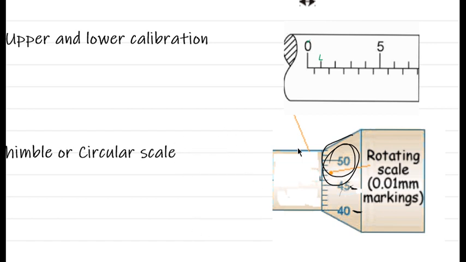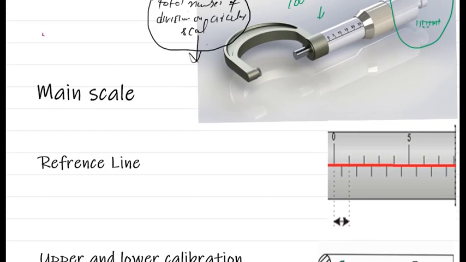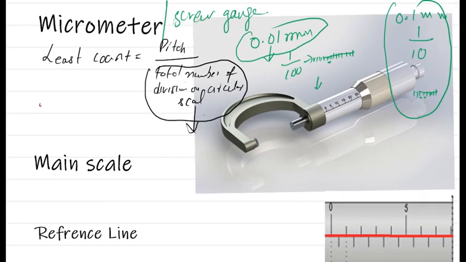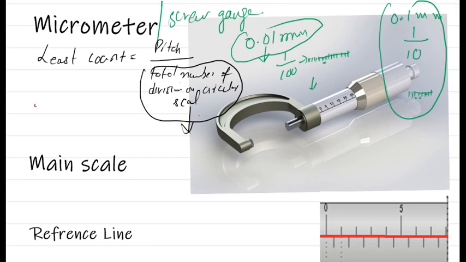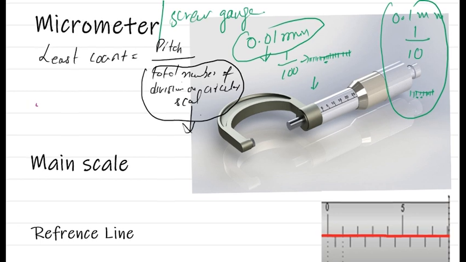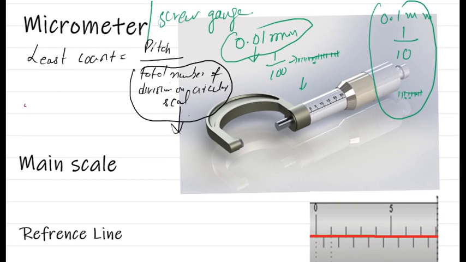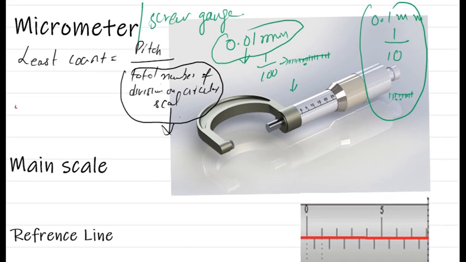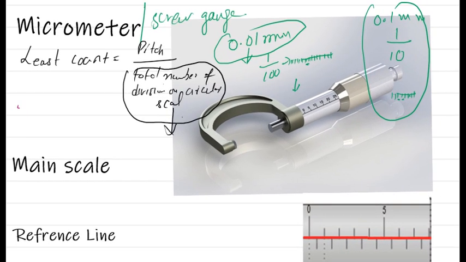Keep in mind, the micrometer we use in Cambridge has 50 divisions, but in the market there are also micrometers with 100 divisions. But I think there is no need to go over there. Of course, if it is 100, then we divide by 100, and that will be more sensitive; the least count will be less than this.